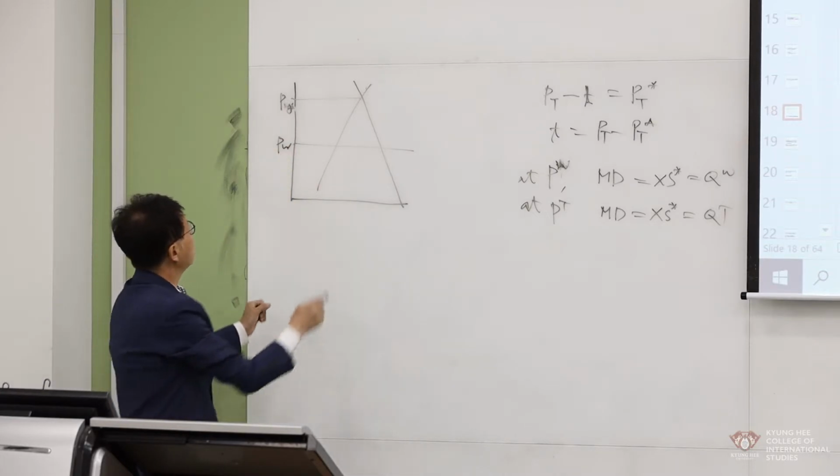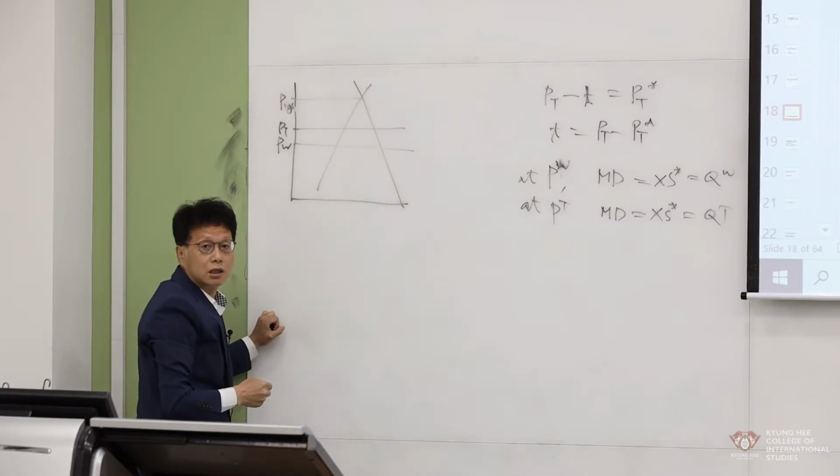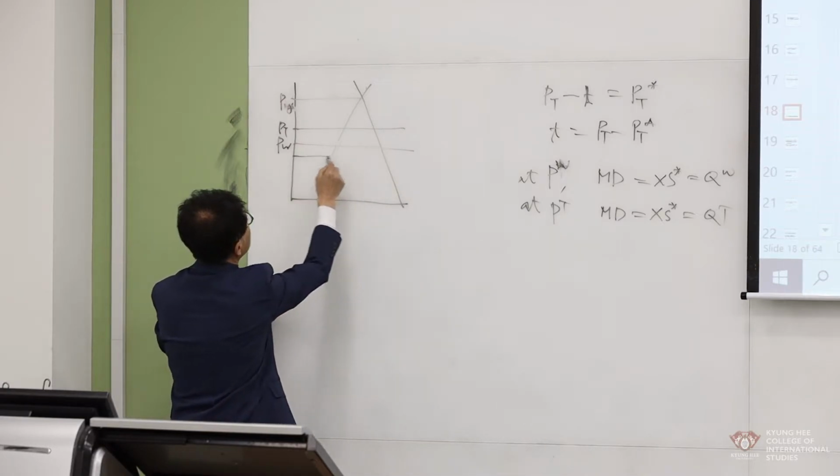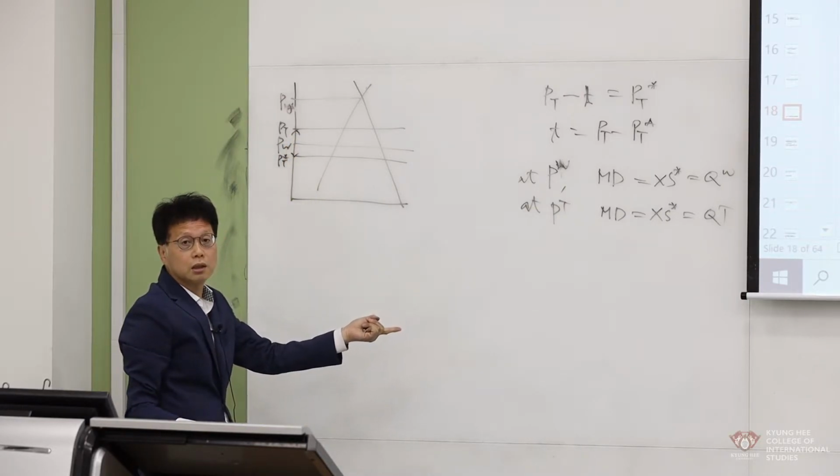After imposition of the tariff, PT is here, and the foreign price also decreases like this. That is PT star. The gap between the two is the tariff, right?